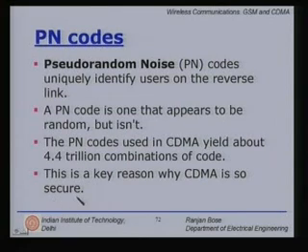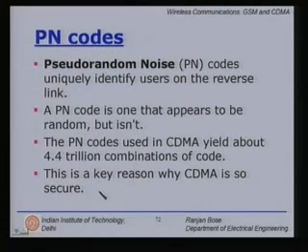It is making the system highly secure. This is a key reason why CDMA is also very secure. Inherent advantage of CDMA over your GSM technologies. In GSM, we have to use stronger and stronger codes, authentication codes and other kinds of cryptographic codes to ensure security.